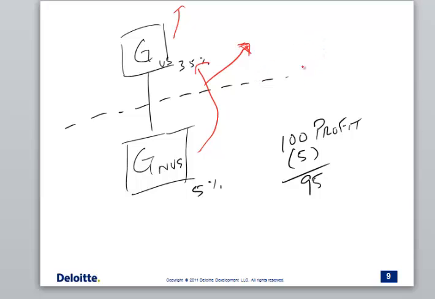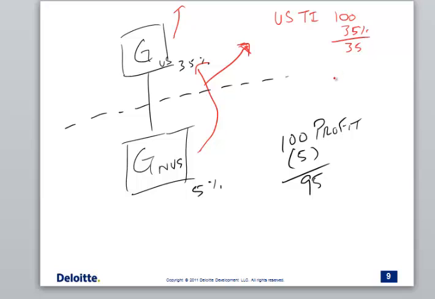So if GNUS pays a dividend to GUS, G has USTI of basically 100. I'm just going to shortcut this. The U.S. is going to tax you on the foreign income again. It's going to say, okay, now you brought it into the U.S., we're going to tax you on the 100 again. Our tax rate's 35%. So that means our tax is 35.